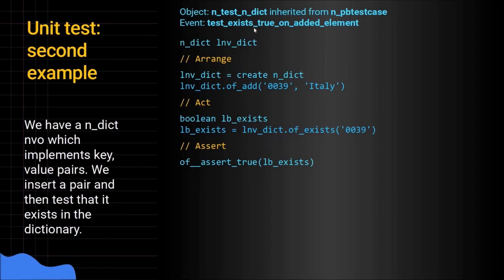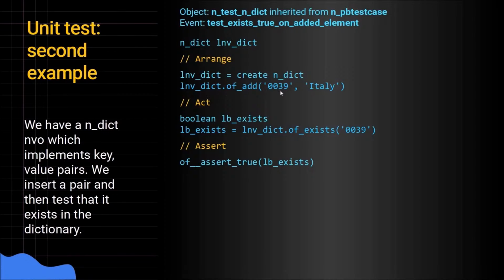So we test that exists returns true after we add an element, of course, if we check for the same element. Here we have an NVO to test, which is ndict, so we have to instantiate it and configure it to add some data to it.